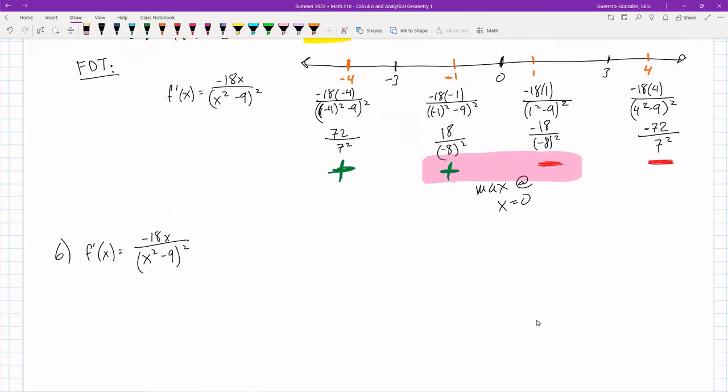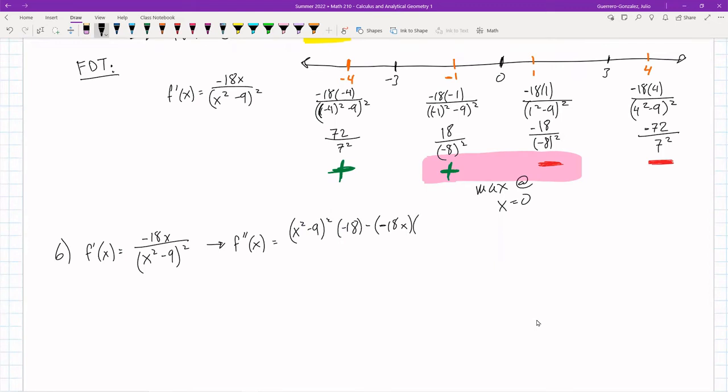I need to find the second derivative now. So f double prime of x is going to be low, so x squared minus 9 squared, times d high, so negative 18, minus the high, minus 18x times d low.